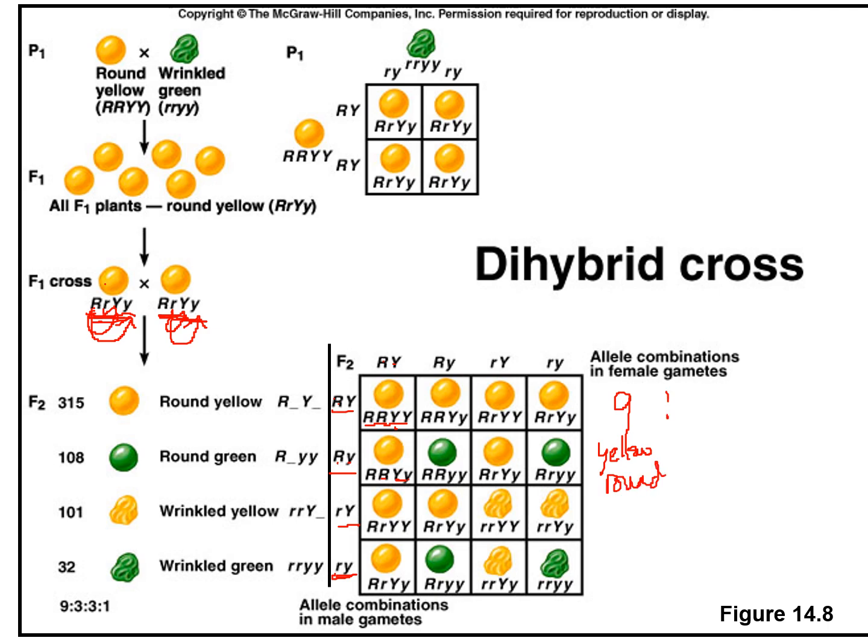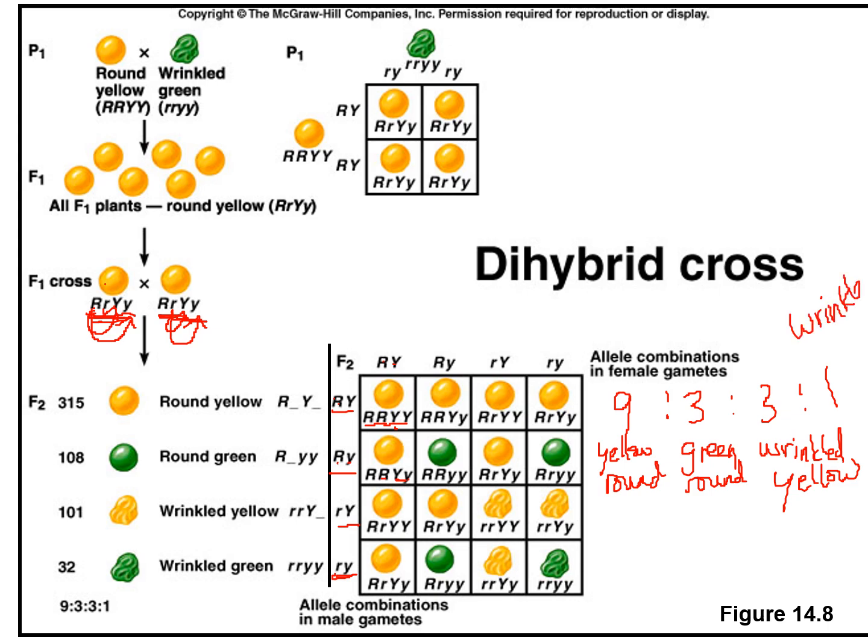And then you could see that there are 3 that are green and round. And then you can also see that there are 3 that are wrinkled in yellow. And then there's just 1 that is wrinkled in green.